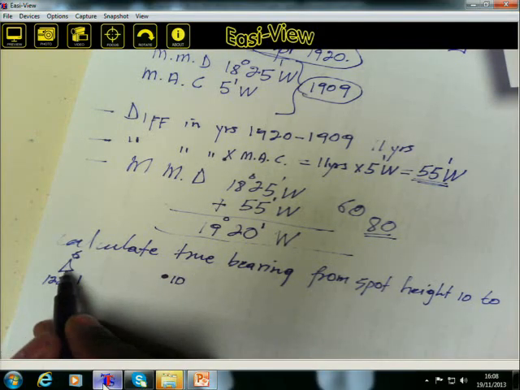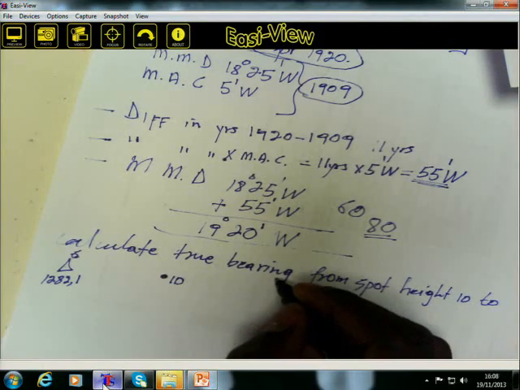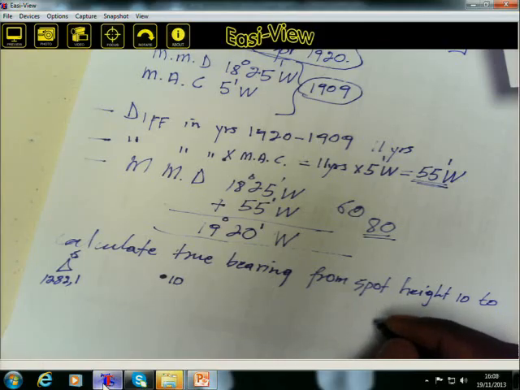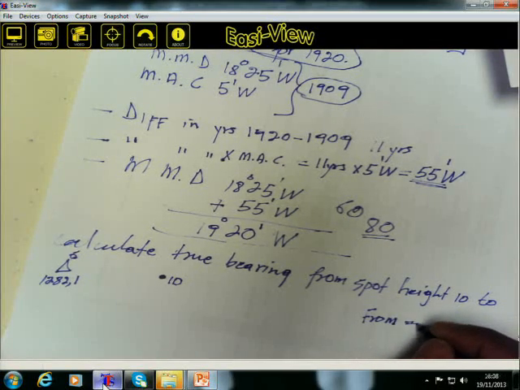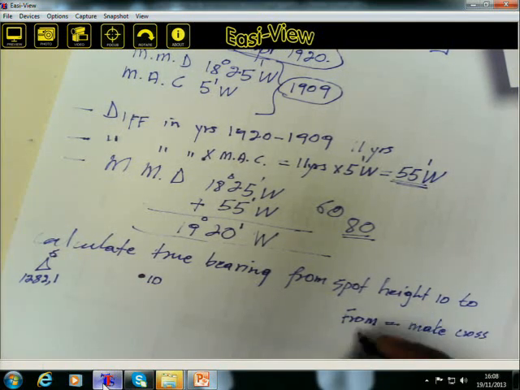I said under true bearing we also talked about rules. Rule number 1, where the question says from, what do you do? You make a cross. That's the first rule under true bearing.